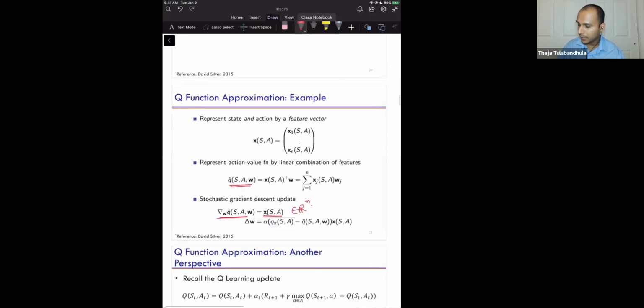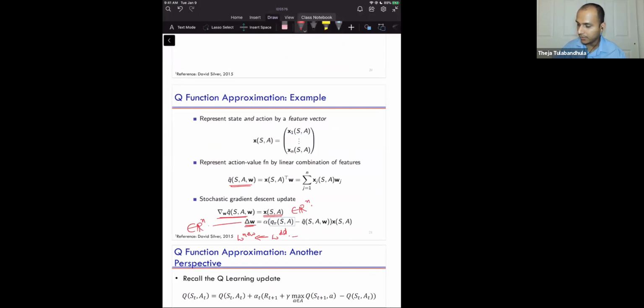And the update rule: W new is being updated from W old. By the way, W also belongs to Rn, in the sense that the weight vector, the parameter vector, is also in n dimensions. It is updated using W old minus alpha.